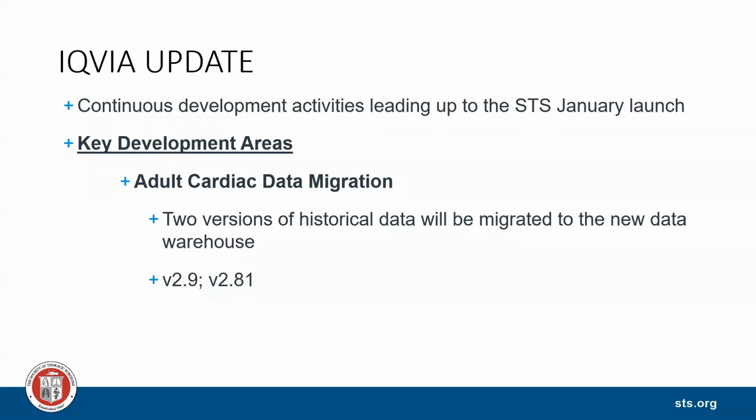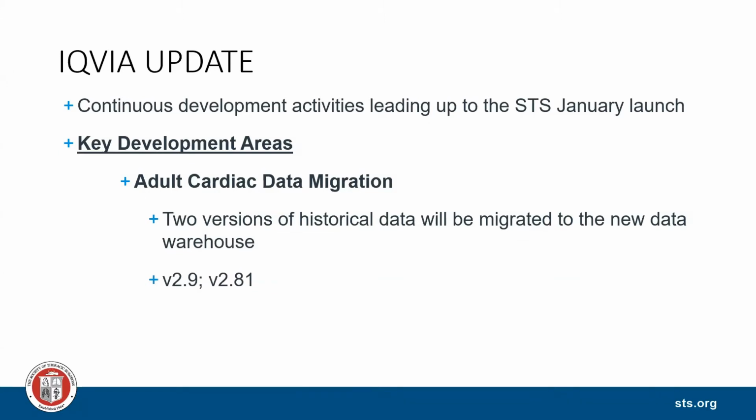From the IQVIA side, we have been actively developing the various pieces that I'll highlight through these upcoming slides. We're actively getting ready for our launch that's scheduled for January.